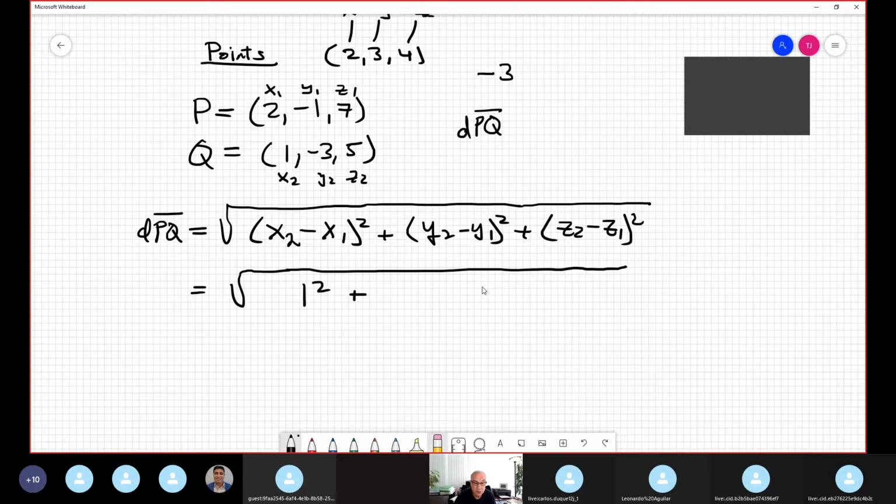It's 2. The distance between -1 and -3 is 2. It doesn't matter, you remember, you're subtracting, it's absolute value, it's 2. And 2 squared is 4. Plus the distance between 7 and 5 is also 2. So 7 minus 5 or 5 minus 7 is 2, squared 4. So 1 plus 4 plus 4 is 9, square root 3. The distance between the points P and Q is 3.